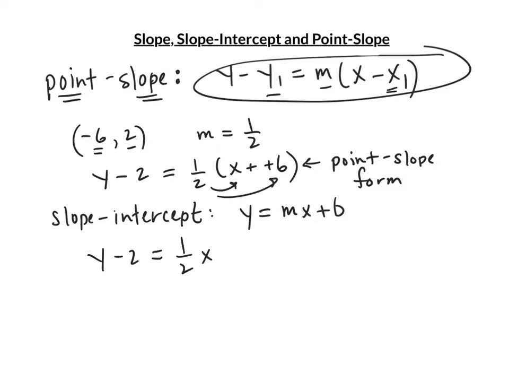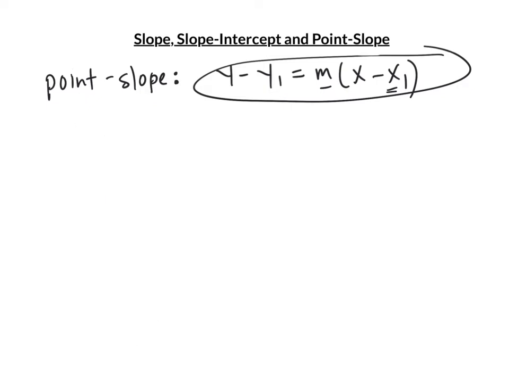That would be 1/2 x plus 3. 1/2 times 6 is 3, and then we would add 2 to both sides, and that would be y equals 1/2 x plus 5. So our m, our rise over run, is positive 1 over positive 2, and our b, our y-intercept, is 0, 5.